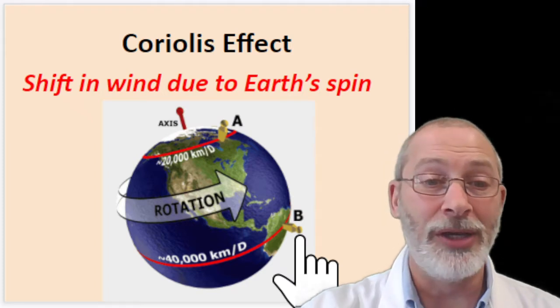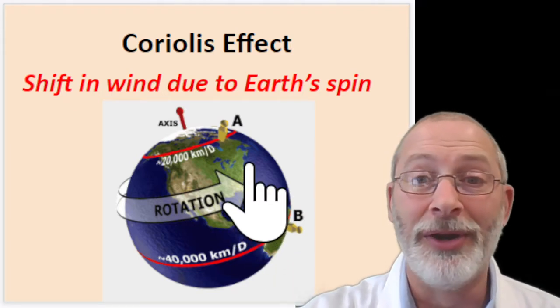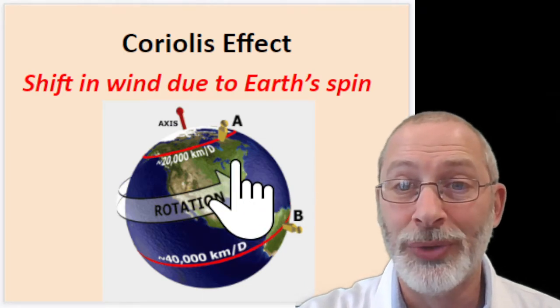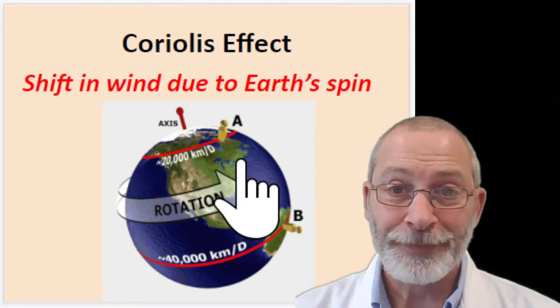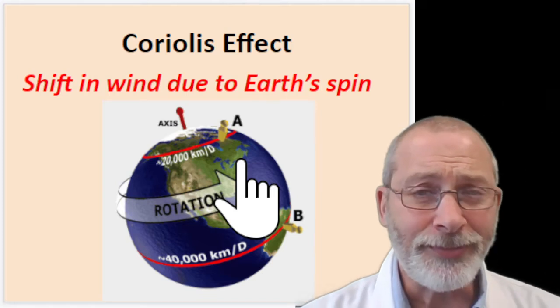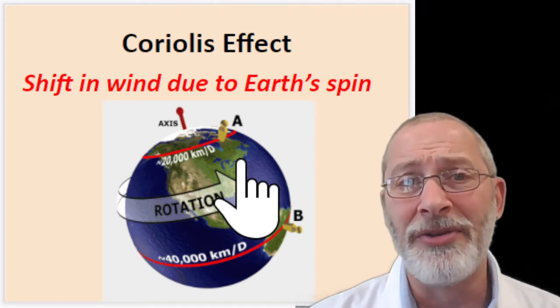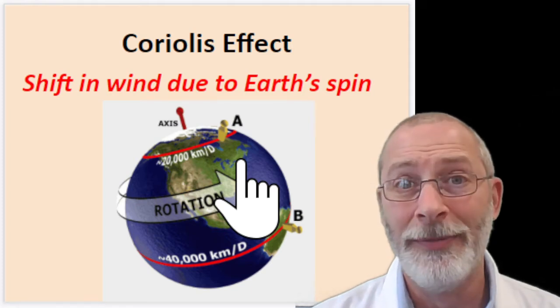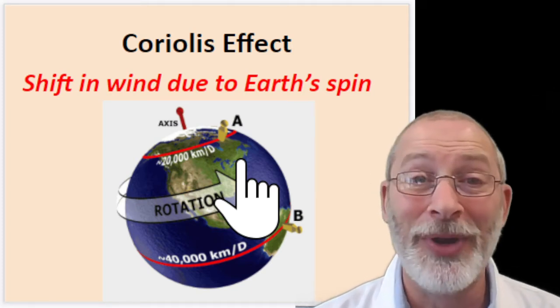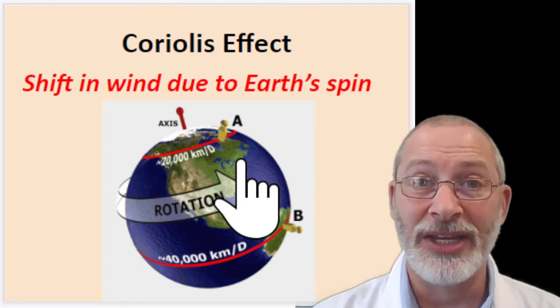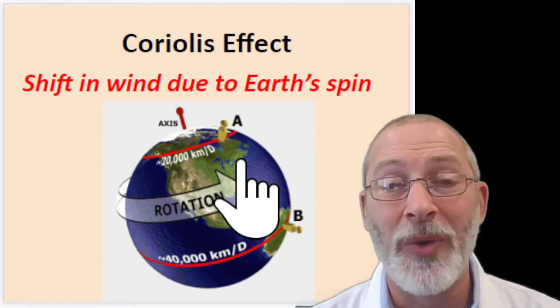Now, we don't live at the equator. We live up here at about 45 degrees north latitude. And where we are, if my math is correct, we're traveling at about 750 miles per hour, which is still pretty quick. It's almost the speed of sound, just sitting still where you are right now.